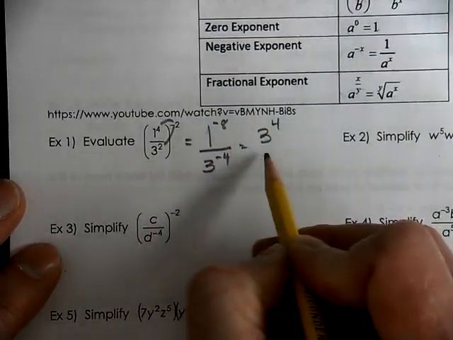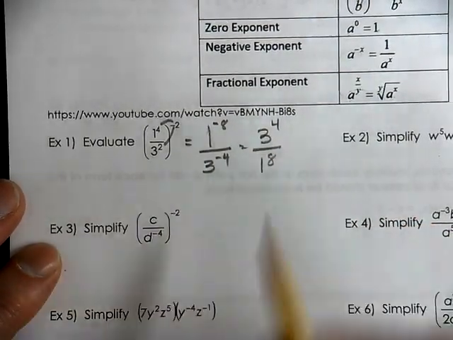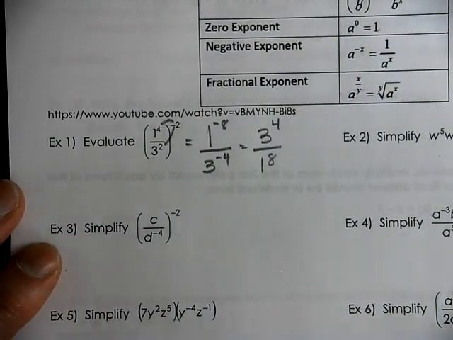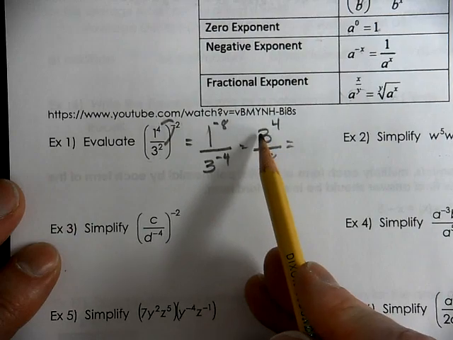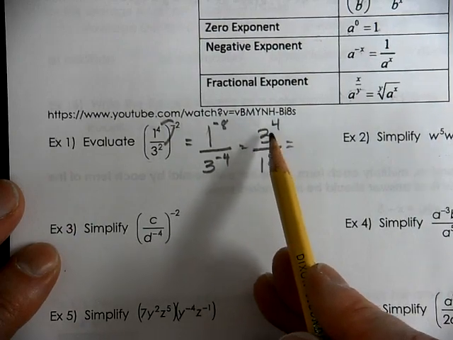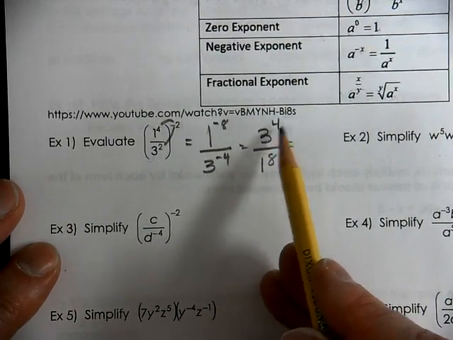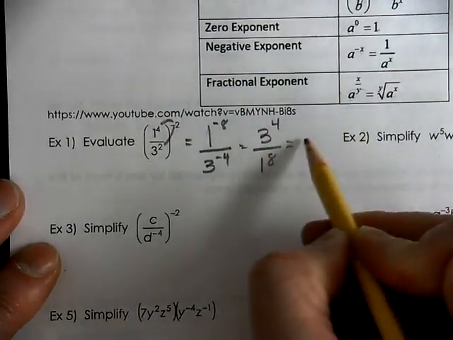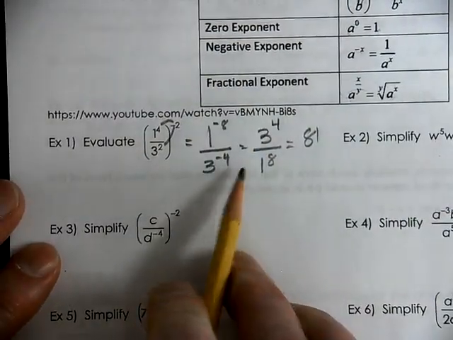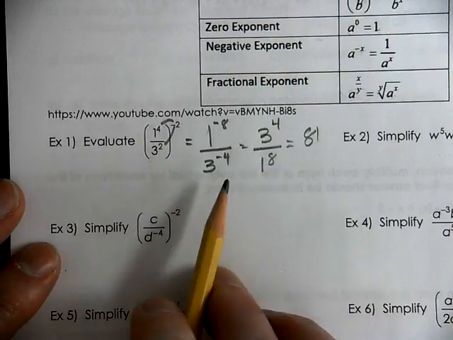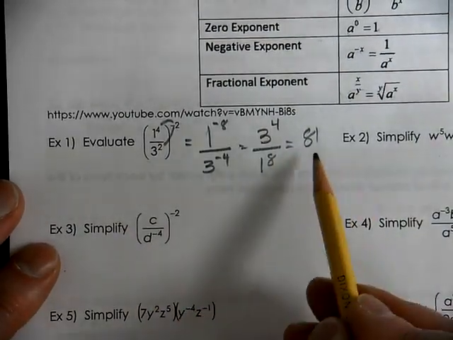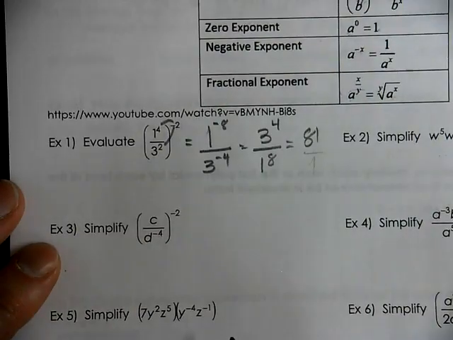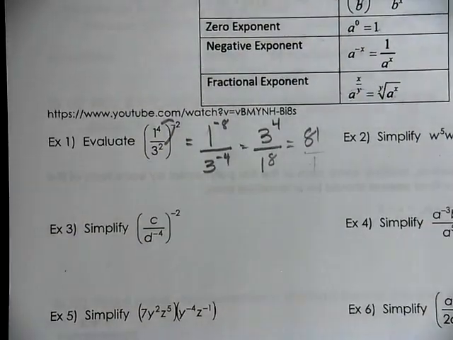Negative exponent means that you're going to put it into the denominator. 3 times 3 is 9. Another 3 times 3 is 9. So 3 to the 4th power is 81. 1 times 1 times 1 times 1 times 1 times 1 times 1 times 1 is 1. So you could put that over 1, but you don't need to. It's just 81.